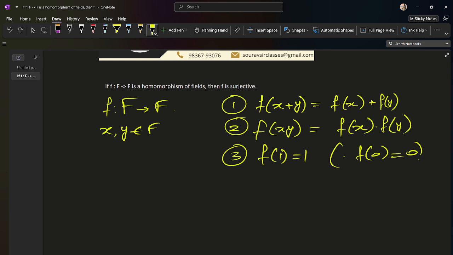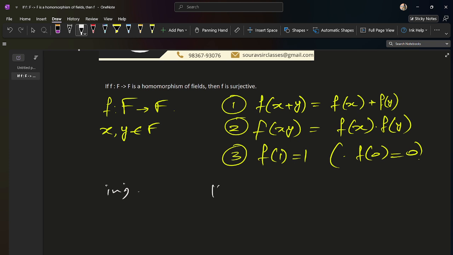Now we can say that any field homomorphism will be injective. Why? We have to think about the kernel.